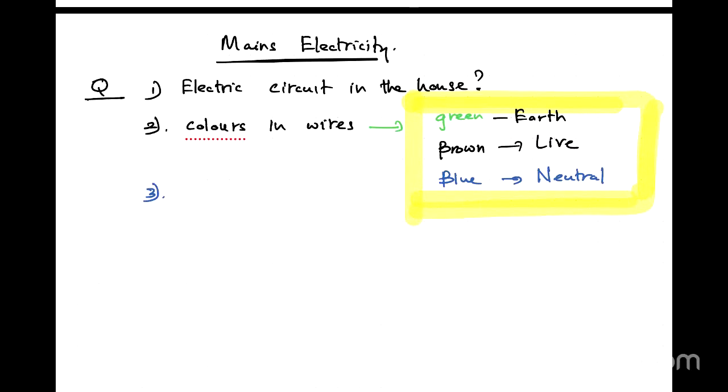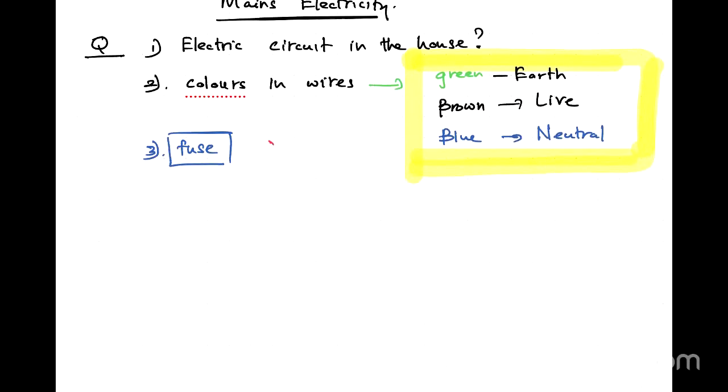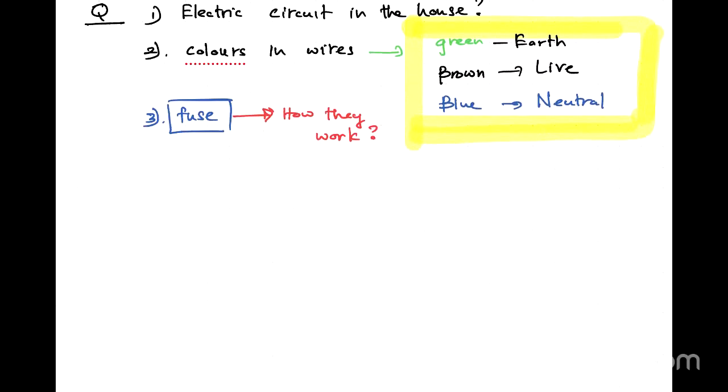Next question, the fuses, right? Under that, you need to know how they work. As I can remember, in the 2025 November paper they asked what the difference is between a fuse and a switch or something like that, right?